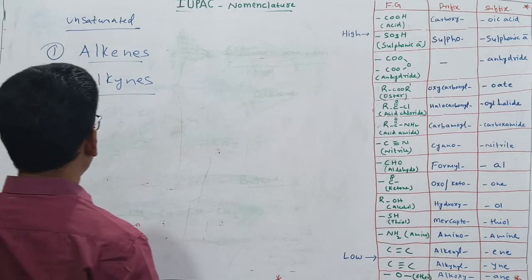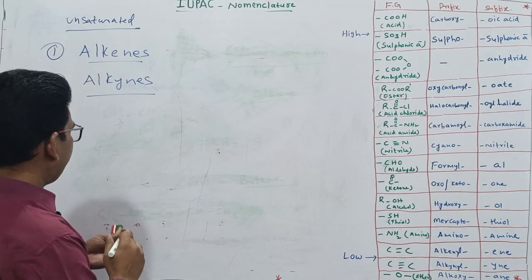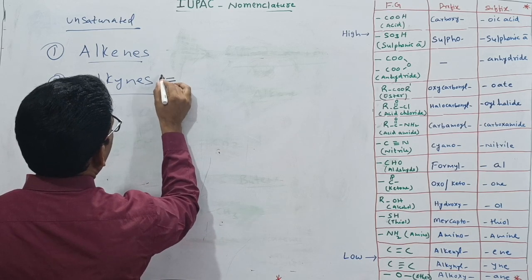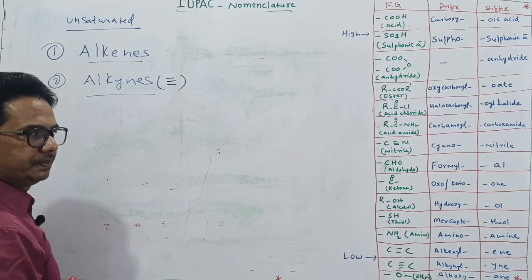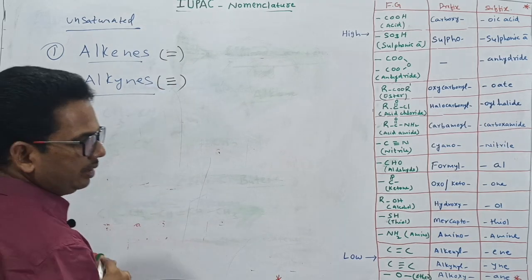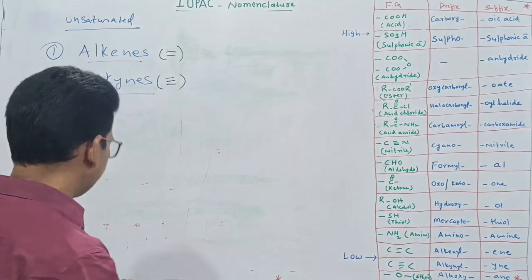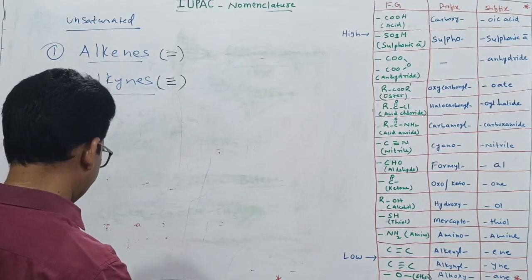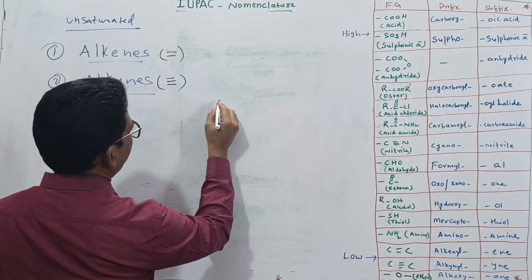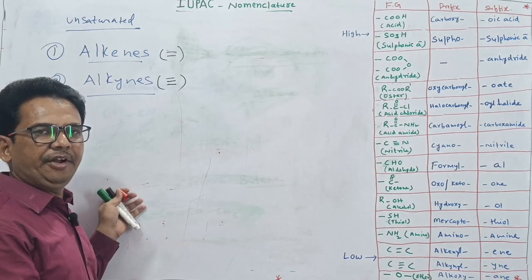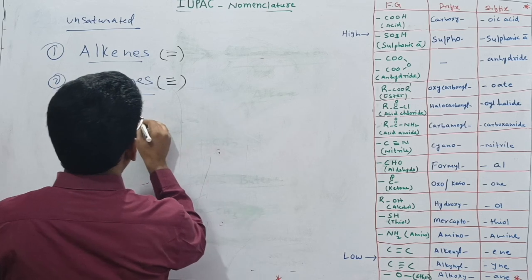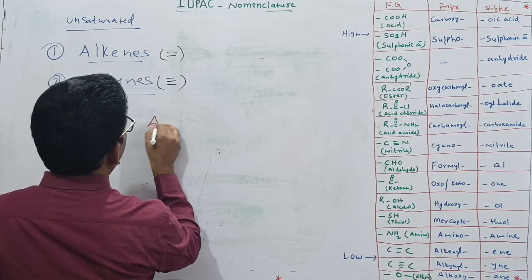Now we'll go for the alkynes. Alkynes are the triple bonded compounds. Alkenes are double bonded compounds, already I explained that. Now you can see in the case of alkynes, how we give the names according to IUPAC, because these are also derived from the alkanes only. How do we write the names for these alkynes?